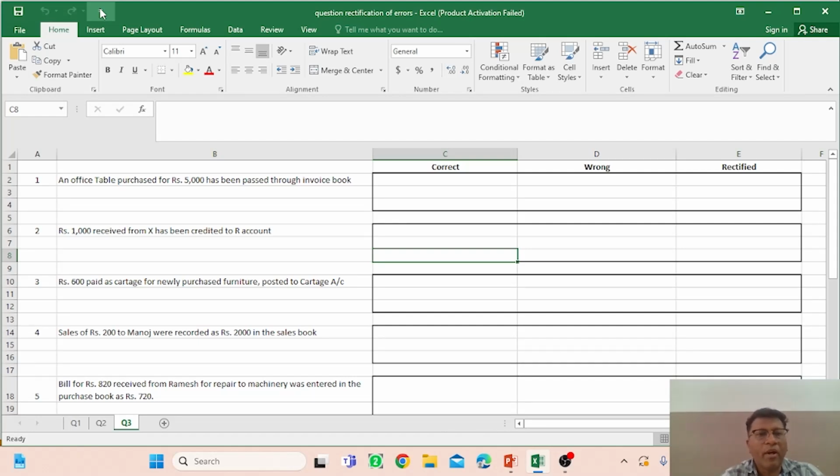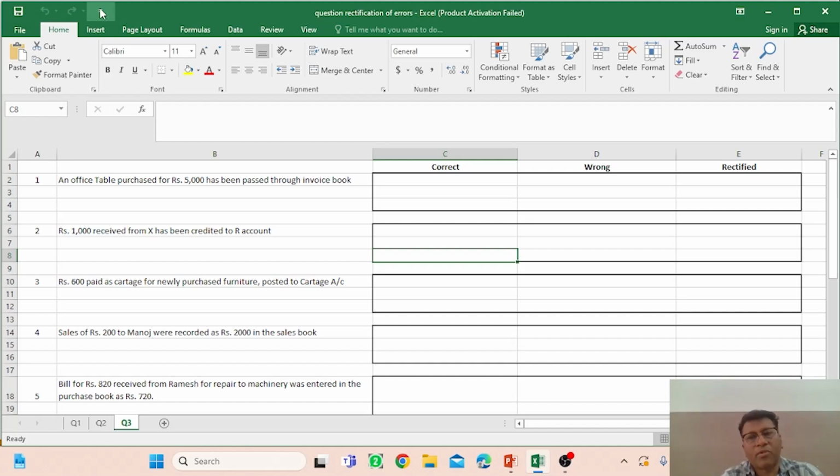First of all, you have to identify what kind of transaction exists and what type of error is there. So this is the first transaction. As you see, an office table purchase for rupees 5,000 has been passed through the invoice book. Invoice book means you are going to enter it into the purchase book, through invoices, through bills.